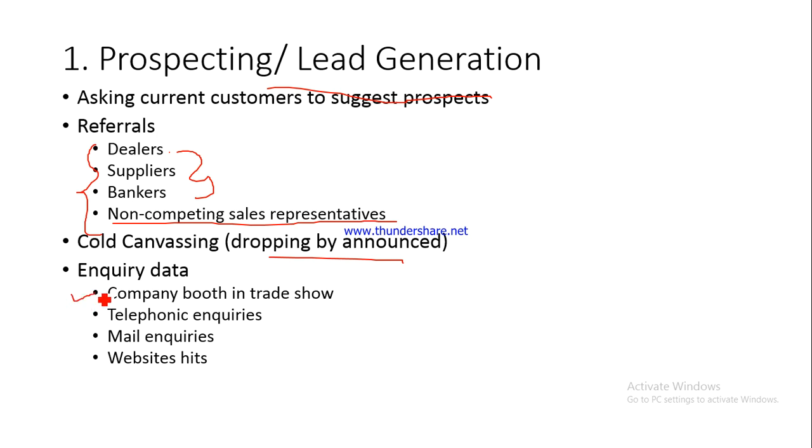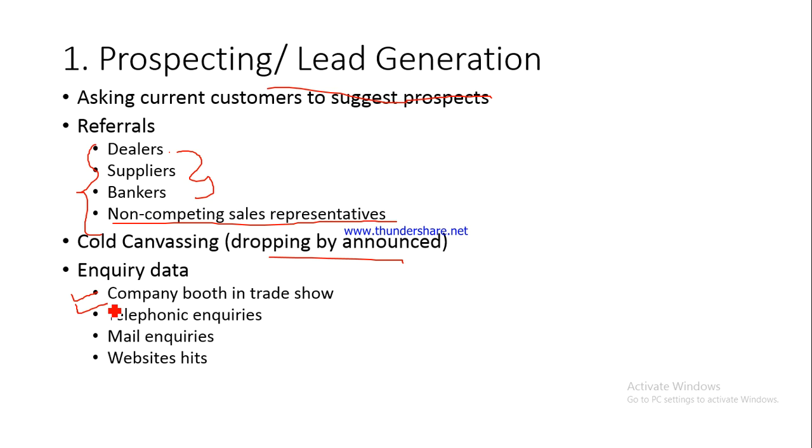Then what if there have been telephonic inquiries? Some customers have called your company's telephone. Naturally these are people who might have felt interested in your offering. So you can call up these people and ask them whether they are willing to buy your product.